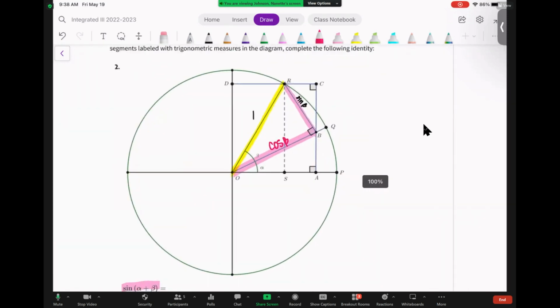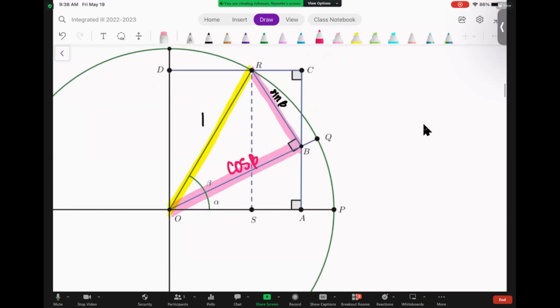If you know what sine of alpha plus beta is, it's actually this blue side. I'm going to be looking for this blue side. So anything that attaches itself to that blue side, or a length that's equivalent to that blue side, that's what I'll be looking for. So the first thing that I'm going to notice is, oh, that blue side is the same as this.